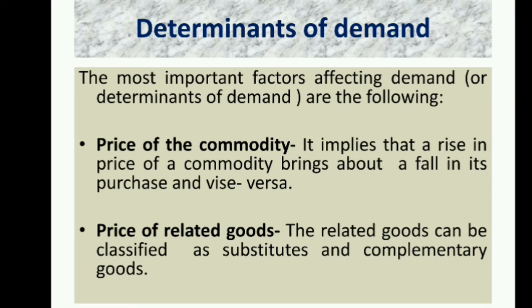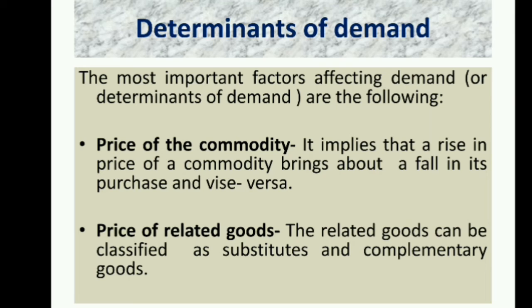Focus on this point. Two goods which I will discuss for related goods: substitute goods and complementary goods. The difference is that substitute goods are related positively. Tea and coffee are two substitute goods. When the price of coffee increases, the demand for tea also increases.